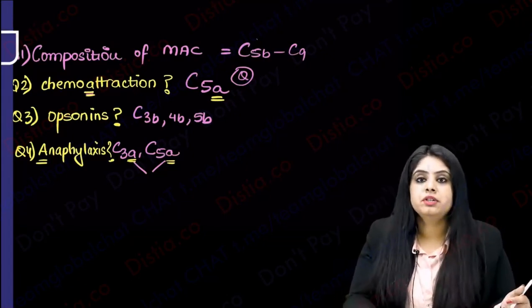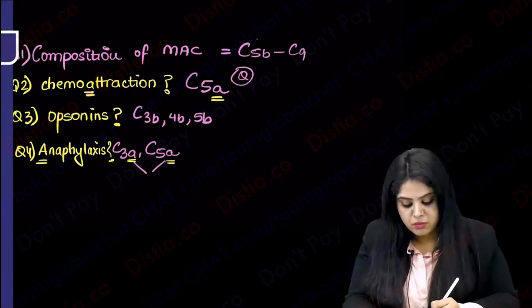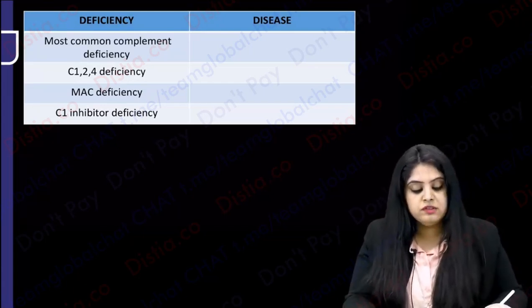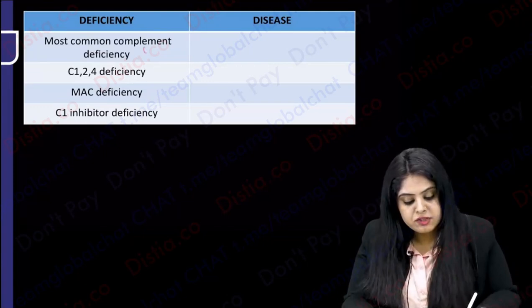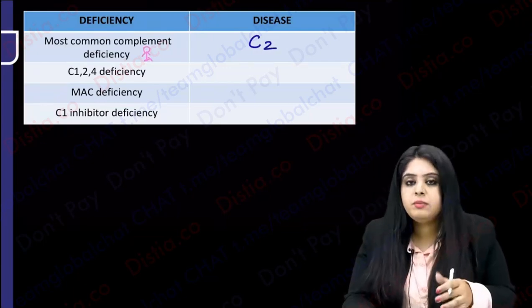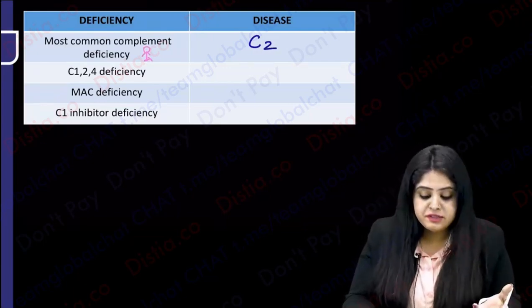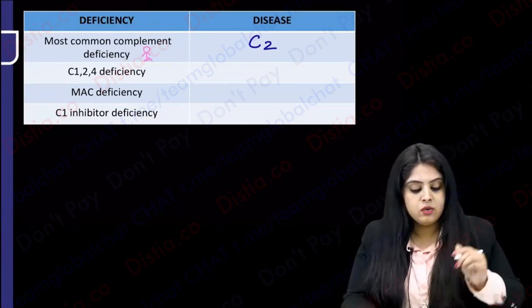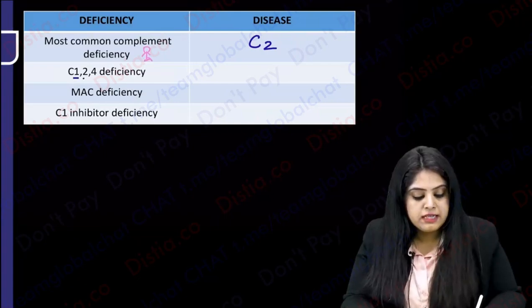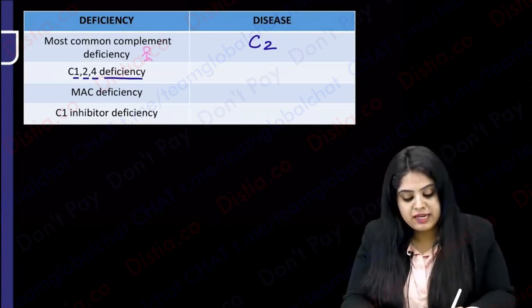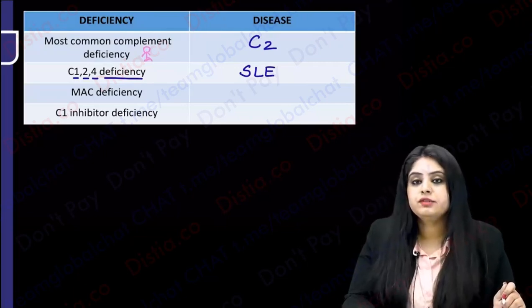Now I'm going to teach you something new, because with this complement system, you also need to know all the diseases. So tell me, which is the most common complement deficiency known in humans? That is C2. May or may not come across as a disease, but at least C2 is the most common complement deficiency. If the early complement proteins undergo a deficiency, C1, C2, C4, that has been associated with an autoimmune disorder, that is SLE.